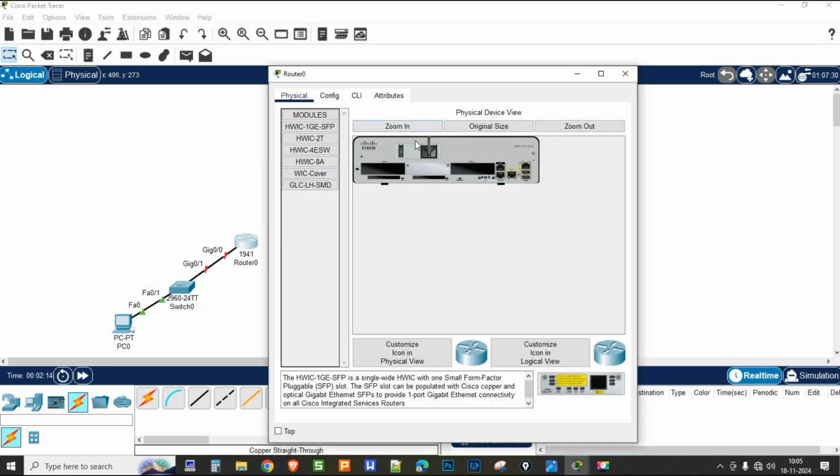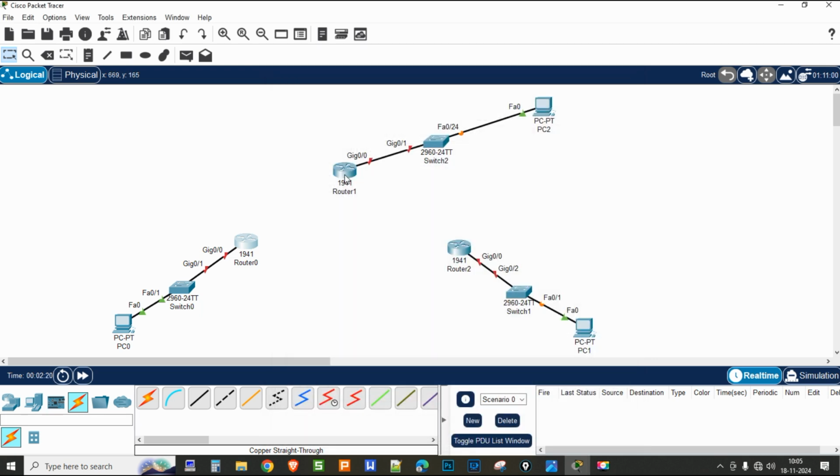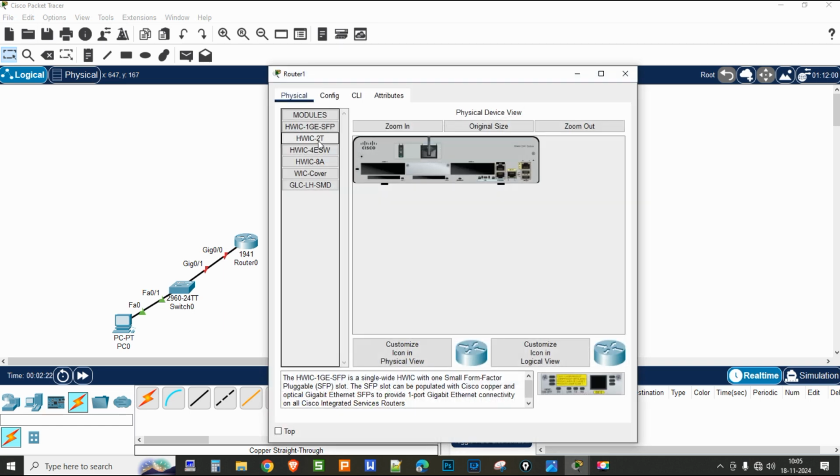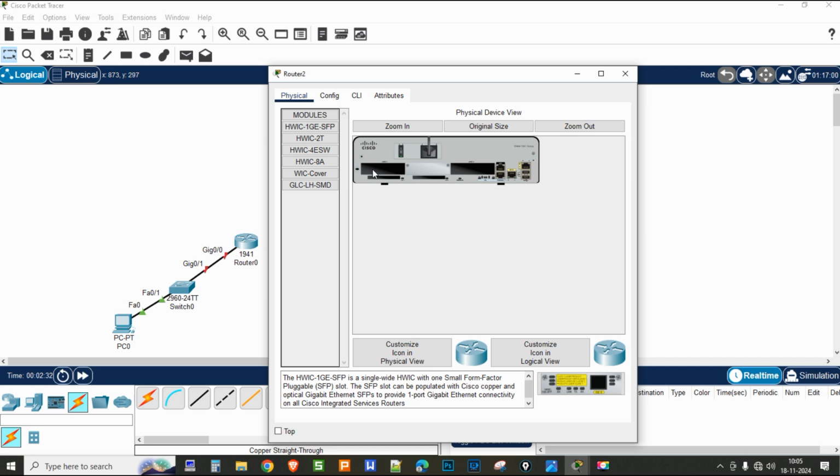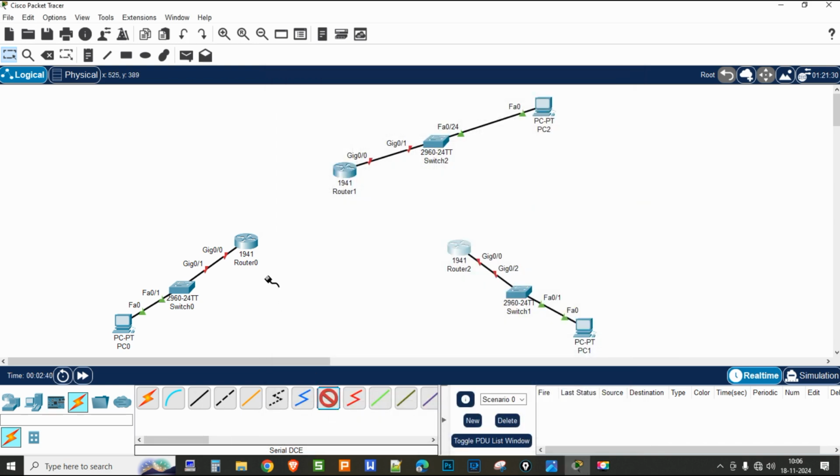To turn off the router, I need to add the serial interface. During the power on time, we cannot add the interface card. Now we add the serial cable between these.